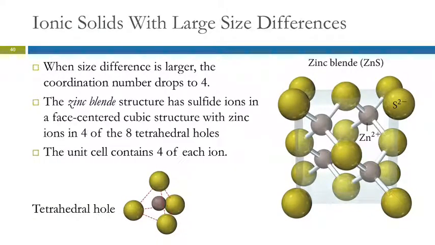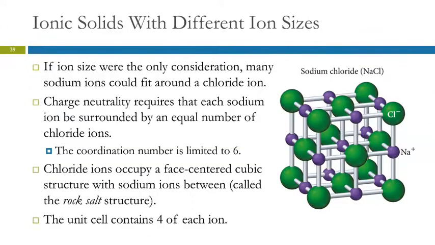If we have really large size differences, then the coordination number is lower. Here, the sulfide is so much bigger than the zinc that the face-centered cubic ends up looking a little bit different. This is called a zinc blende structure. So we've got the sulfide ions in a face-centered cubic, but now the zinc ions are arranged differently. You see this one, how it's all nice, like a grid?